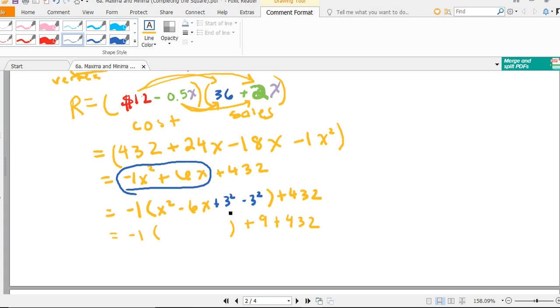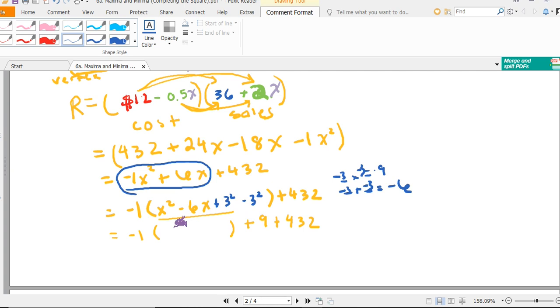Now, I know I need to factor these first 3 terms. So I need 2 numbers that will multiply to give me 9, but at the same time add to give me negative 6. Which means the 2 numbers are going to be negative 3 and negative 3.